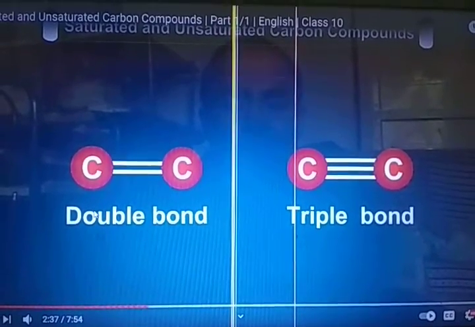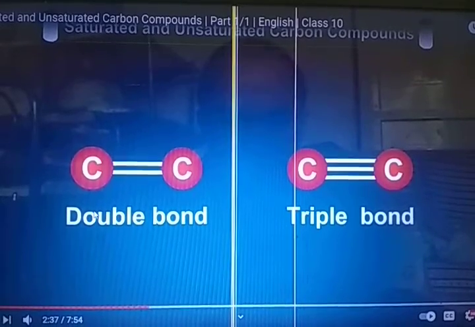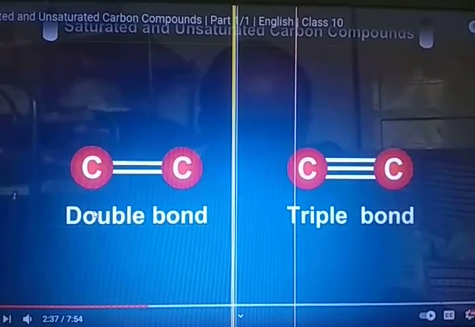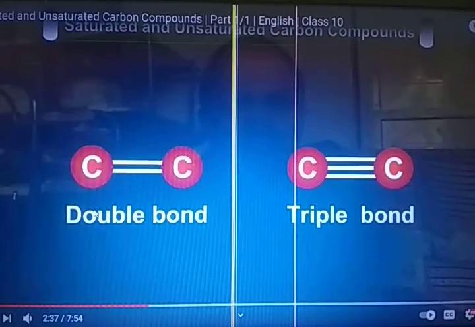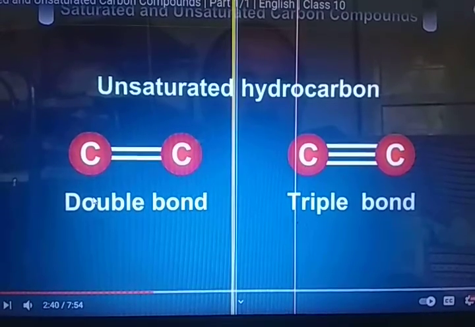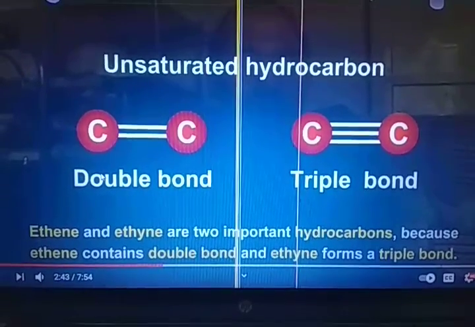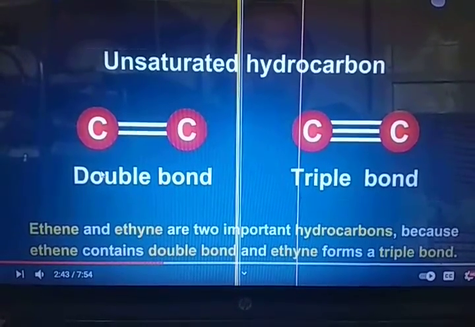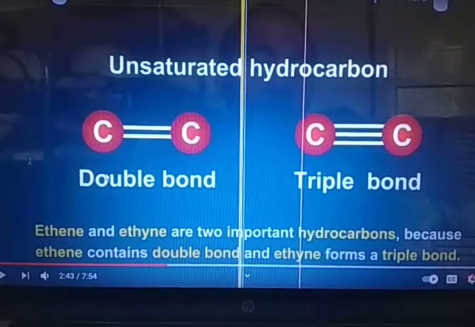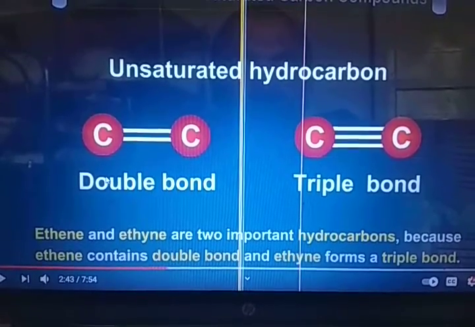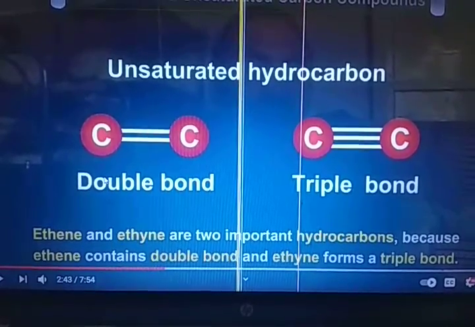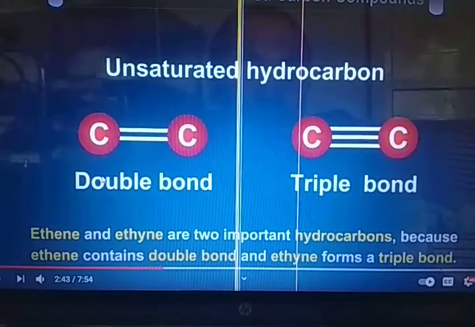The hydrocarbons in which carbon atoms are connected by a double bond or a triple bond are unsaturated hydrocarbons. Ethene and ethyne are two important hydrocarbons because ethene contains a double bond and ethyne contains a triple bond.